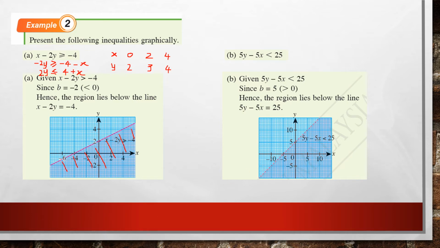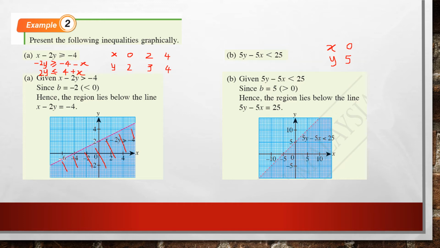So same as just now, to draw the dotted line, you find any 2 points. The easiest will be when x equals 0. When x equals 0, y is 5. Next, another point.